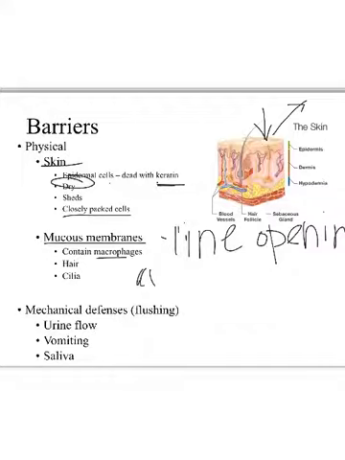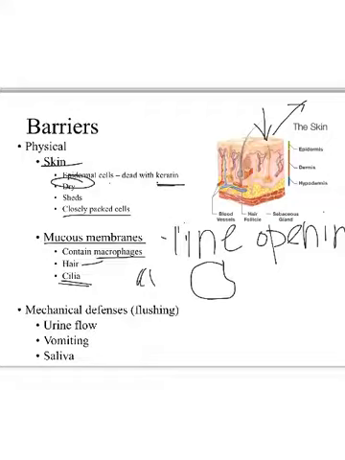And then there are macrophages, which are big white blood cells that will engulf and do phagocytosis. Those are there to help protect you. There's also hair to keep big things from going in, and cilia, which sweep the mucus up so that we swallow it and it gets to your stomach.